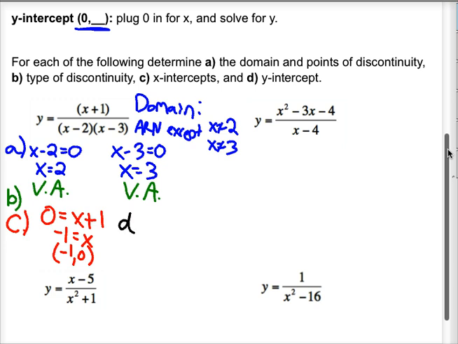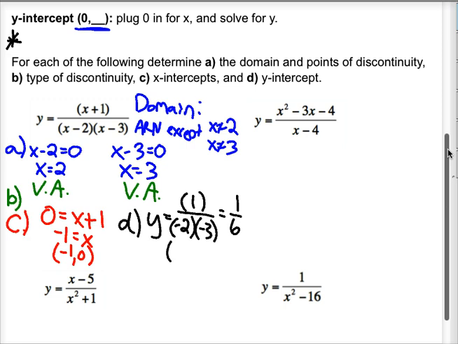And finally, part D. For the y-intercept, you plug 0 in for x and then solve for y. So on the top, you put 0 in for x. That gives you 1. 0 in for x gives you a -2 and a -3 on the bottom.